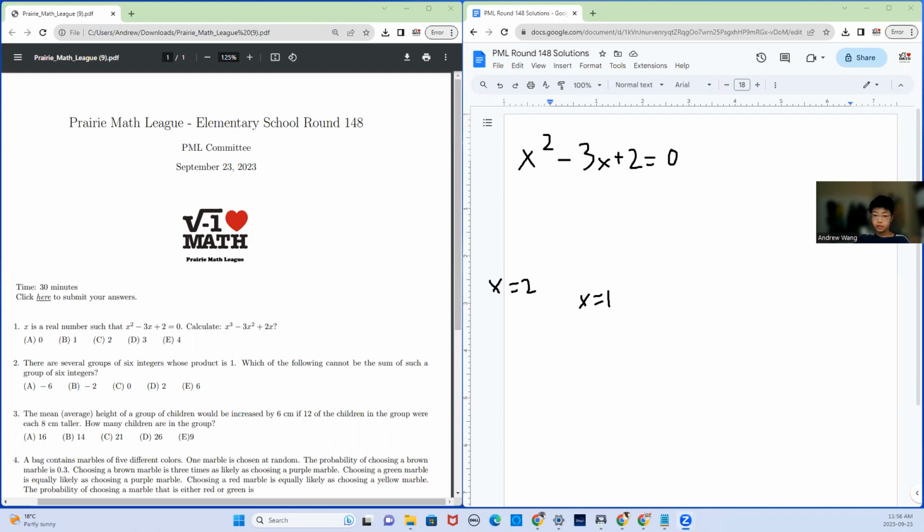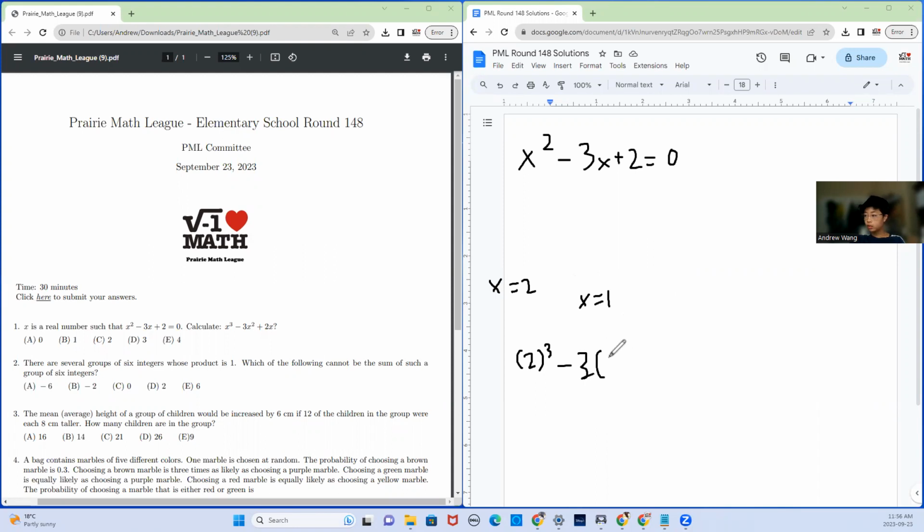And now it says we have to calculate x cubed minus 3x squared plus 2x. So we're actually going to do this 2 times, and plug it into each one of them. First one is 2 cubed minus 3 times x squared.